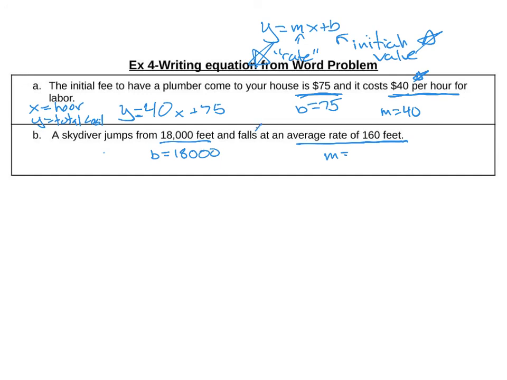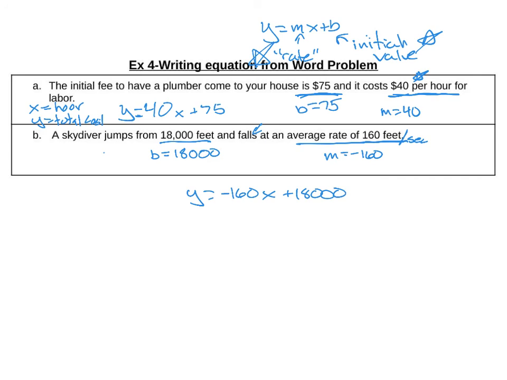Now we do want to make sure we look out for the word fall, which is going to indicate that we are falling or going negative 160 feet. Now this should probably say something like 160 feet per second. But when we plug this in, this is going to tell us negative 160x plus 18,000.